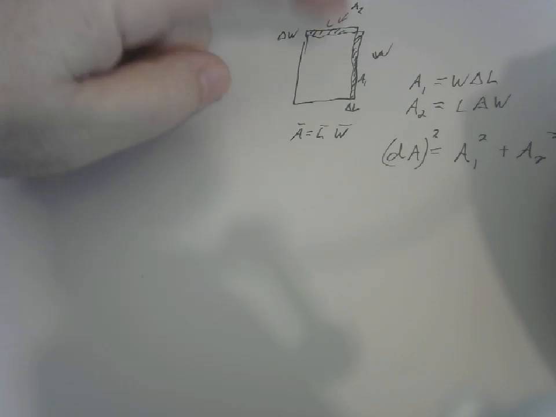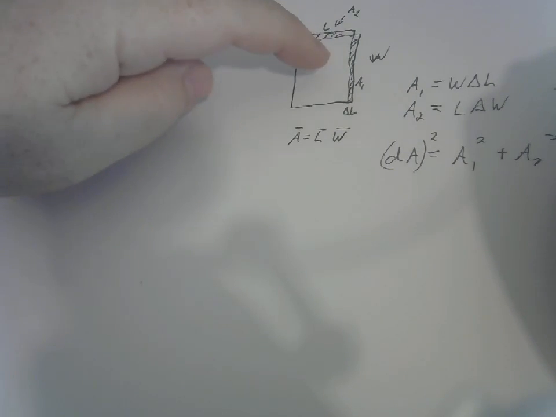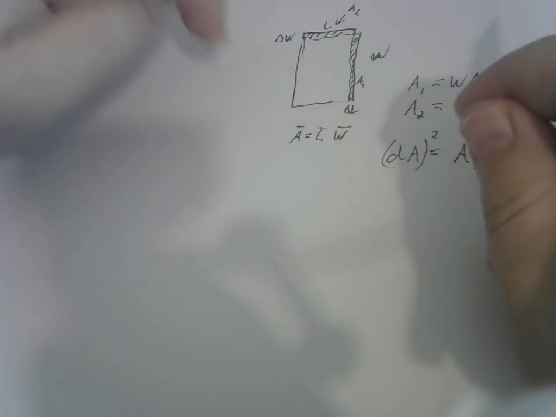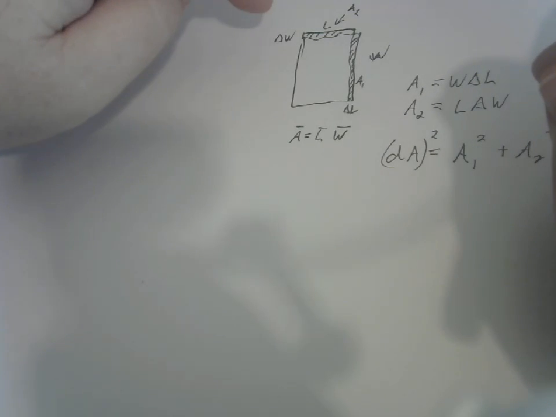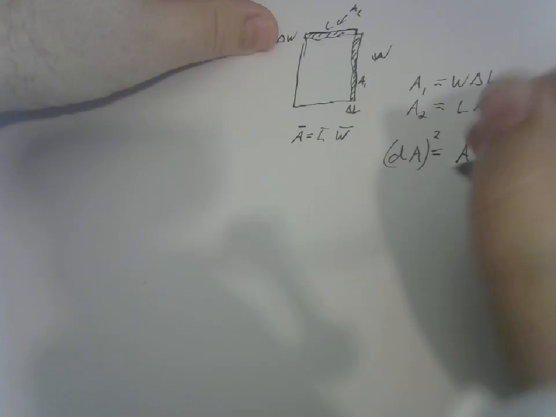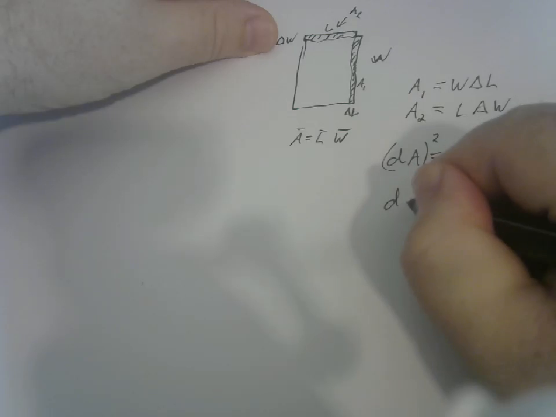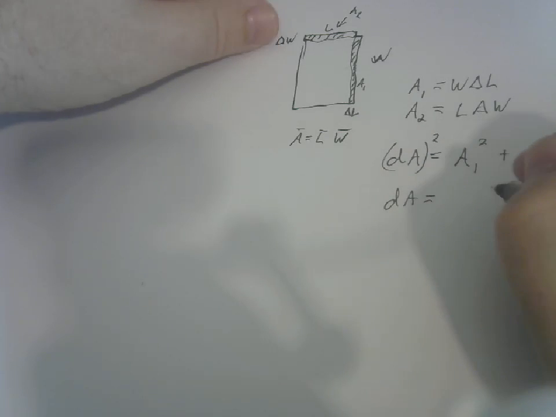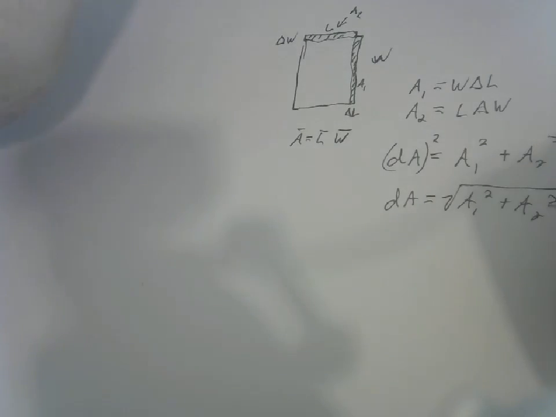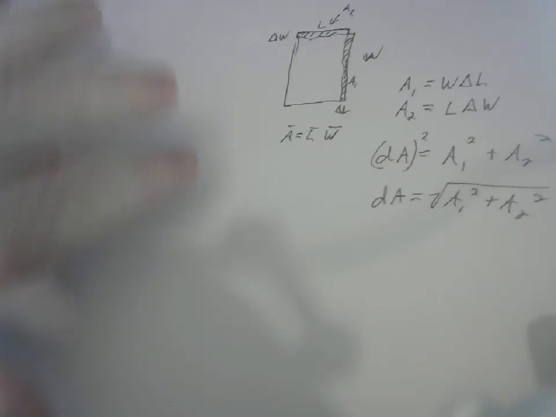So the uncertainty in A squared is equal to the uncertainty in A1 squared plus the uncertainty in A2 squared. And so our final result would be dA equals the square root of A1 squared plus A2 squared, where A1 is W delta L and A2 is L delta W.